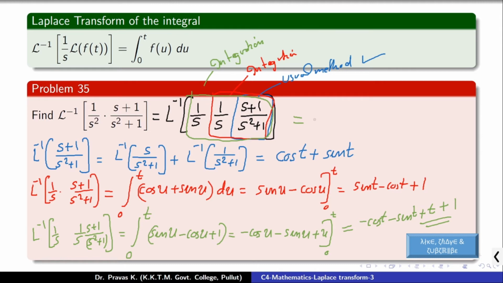So it is minus cos t minus sin t plus t plus 1. So this is how such problems can be solved using the formula of Laplace transform of the integral.